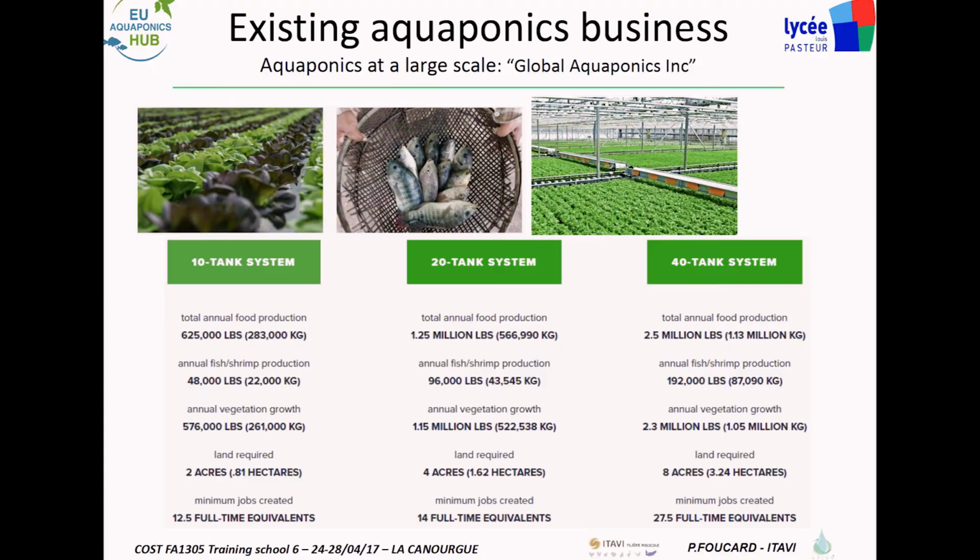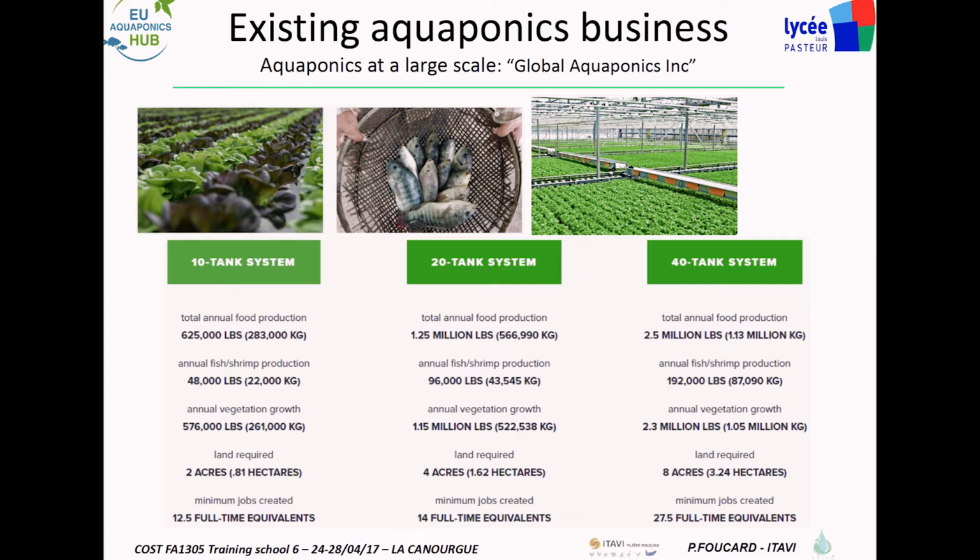This also is interesting. It's Global Aquaponics Inc., also in USA. On their website, they put some sizing information about annual food production. They produce fish and shrimps and many different vegetables.